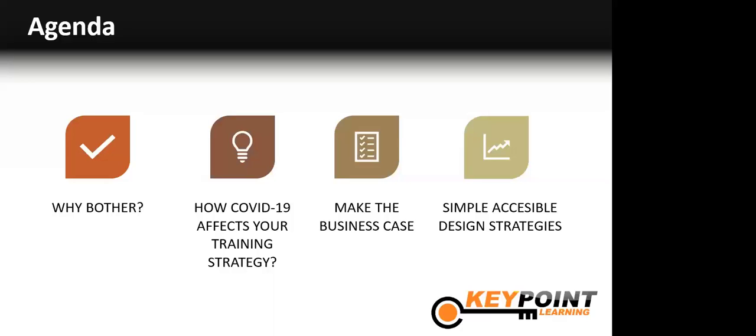I'll give you some statistics that you can use if you need to convince your leadership that your training needs to be accessible. And then I'll wrap up by showing you a couple of simple design strategies, accessibility-wise, that you can start incorporating into your online course design right now.